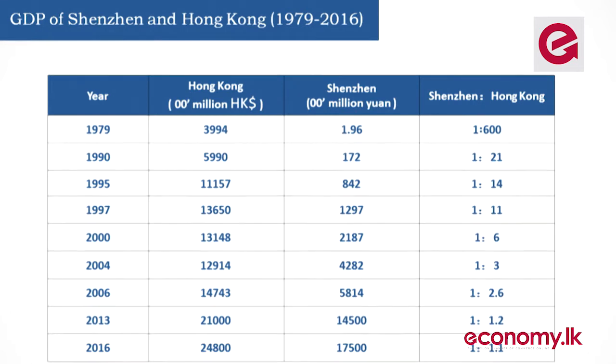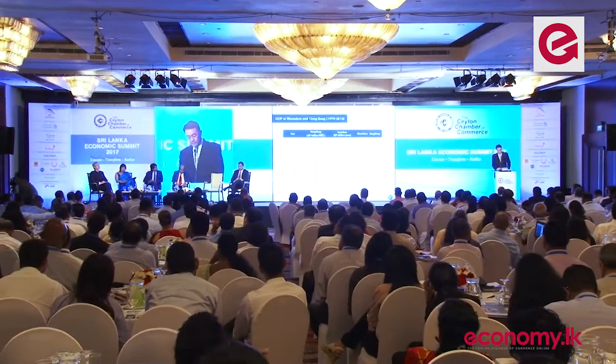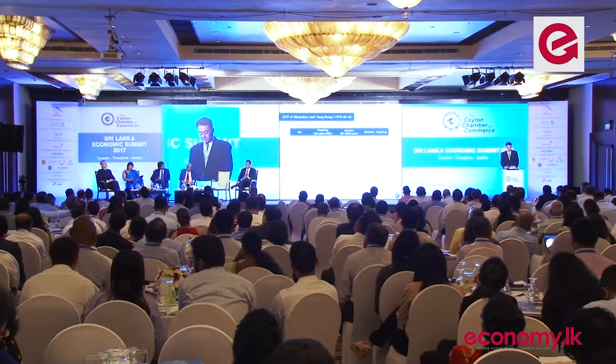And now, the economic scale of the two cities, Shenzhen and Hong Kong, is nearly the same. This year, Shenzhen's GDP is expected to exceed Hong Kong's. According to the magazine Economist, Shenzhen SEZ is the most successful case among over 4,000 SEZs around the world.